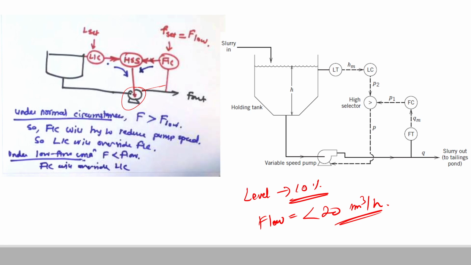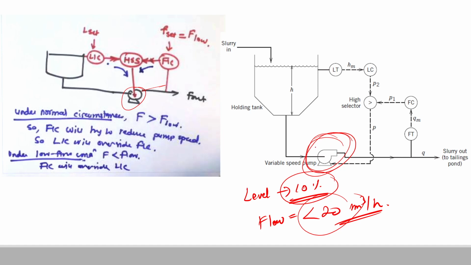So what I mean to say is, if the level is above 10%, or if the flow rate is above 20 meter cube, then in order to control the level of the tank, we can increase the input to the pump, that is, by increasing the speed of the pump.